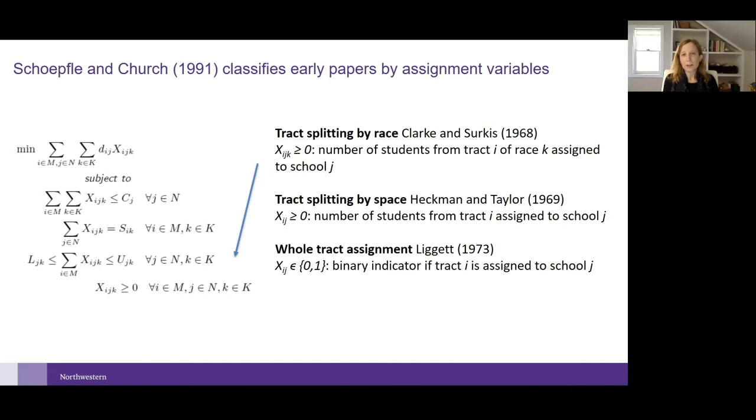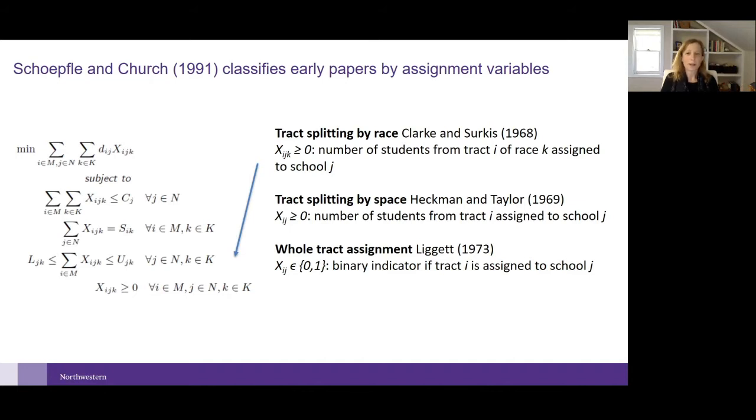So Heckman and Taylor, ultimately where you want to go is where students live, regardless of race, should dictate where they go to school. So tract splitting by space comes up with the Xij variables. The challenge with this is, again, these tracts are very large. And so doing tract splitting by race assumes that there's a uniform distribution of students by race across the tract, which is an assumption that often did not hold.